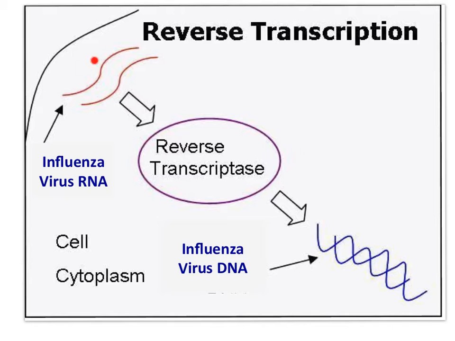Remember that retrovirus RNA is copied into DNA by the enzyme reverse transcriptase. This reverse transcription happens in the cytoplasm of the infected cell, the host cell. Now, these host cells can be sampled for the presence of viral RNA or DNA using PCR.